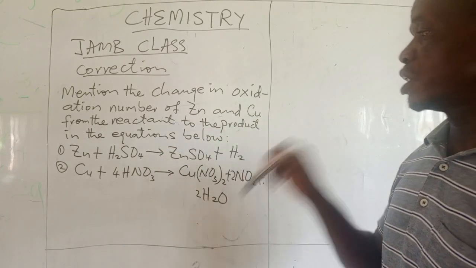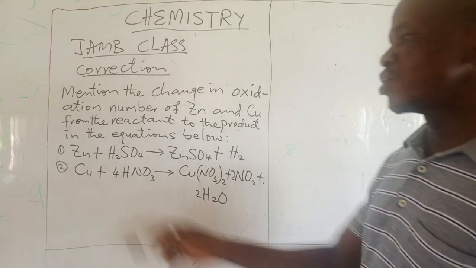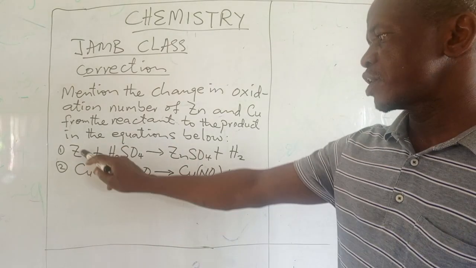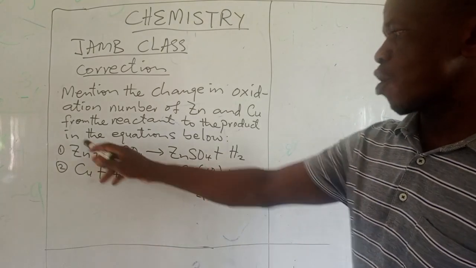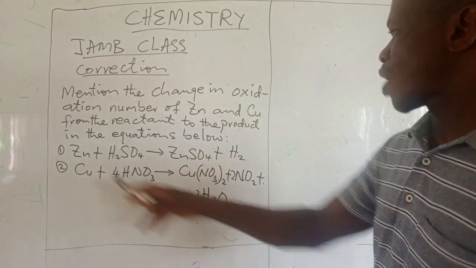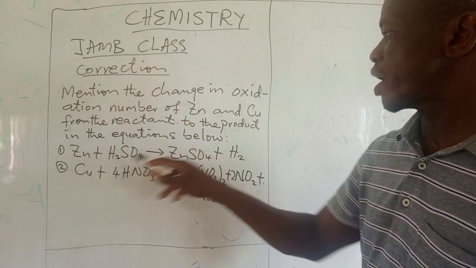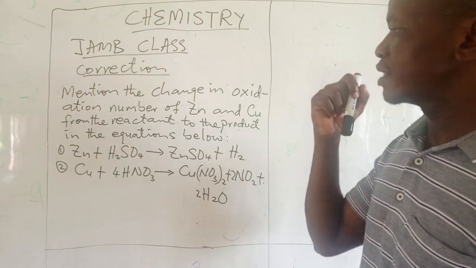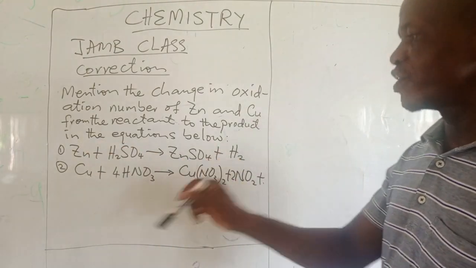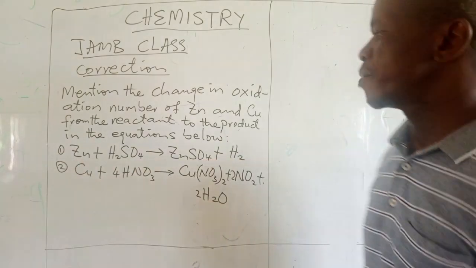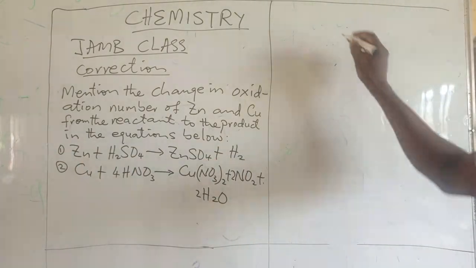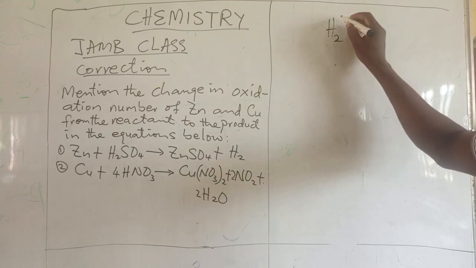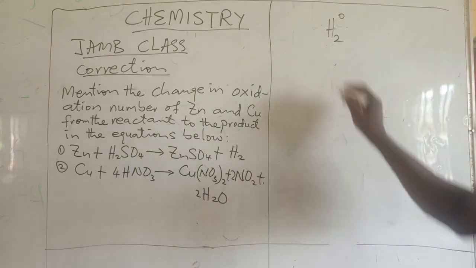So what is very important, this one you don't need to calculate the oxidation number, just look at it. If it is a compound here and a compound here, you calculate the oxidation number of here and that of here. But now that it's an element, I told you that every time you see an element standing alone, like helium, the oxidation number is 0.